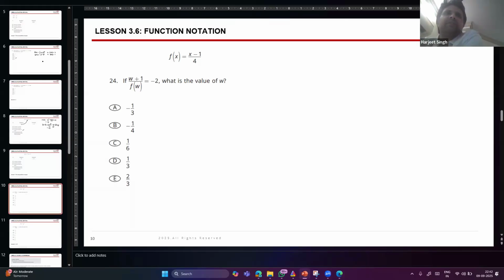So again, we will directly substitute. So we get w plus 1 divided by w minus 1, f of w is w plus 1 by 4 equal to minus 2. So w plus 1 divided by w minus 1 equal to minus half. Can I write?